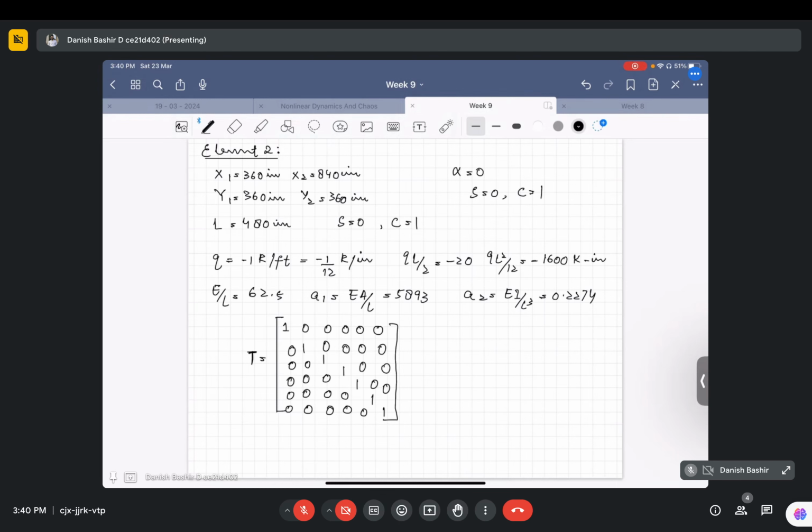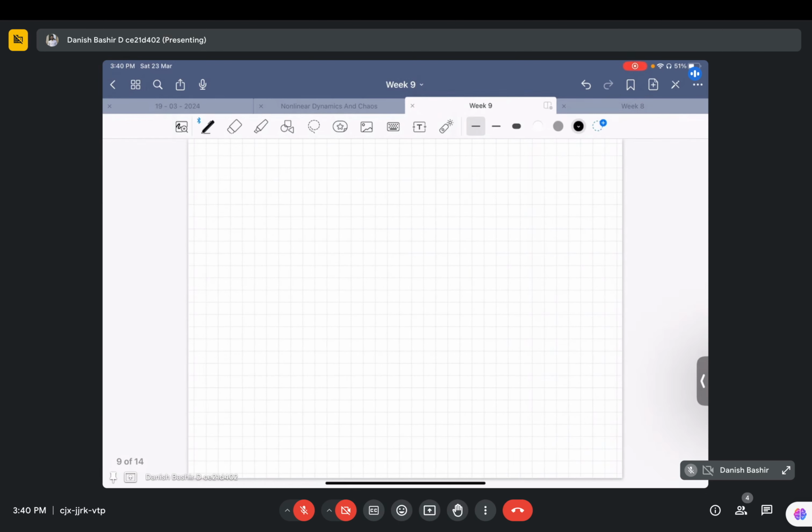Then moving forward, the local stiffness matrix people can easily compute, okay. Local stiffness matrix is very easy, and after employing the boundary conditions, we will get the local stiffness matrix for element 2. You people will compute it. That's very easy.